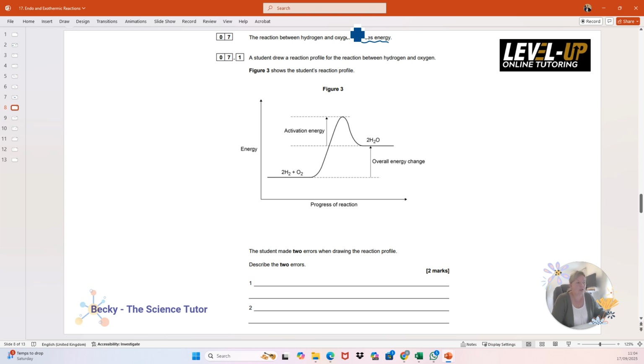So when it's exothermic, when it's releasing the energy, our products should be lower than our reactants. Okay, so that is one of the errors. So we can say something like the products need to be lower than the reactants.